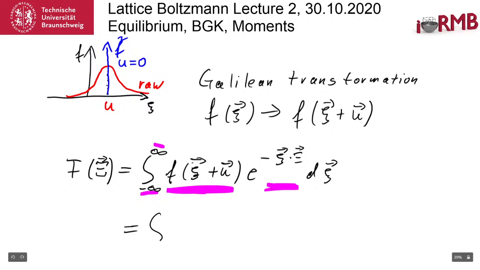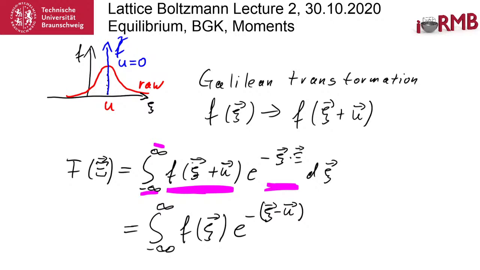So this is absolutely equivalent to shifting the integral, putting a Xi minus u, so this u here will vanish, times Xi, and integrate.